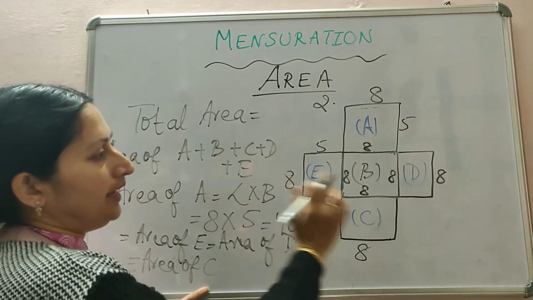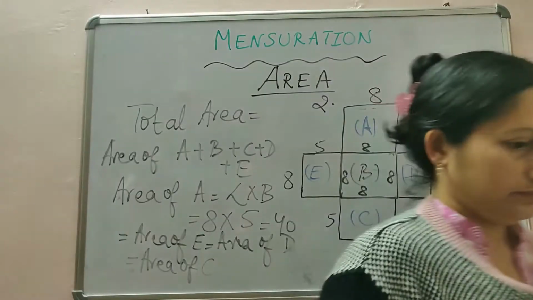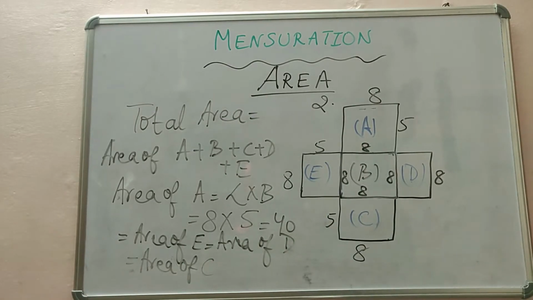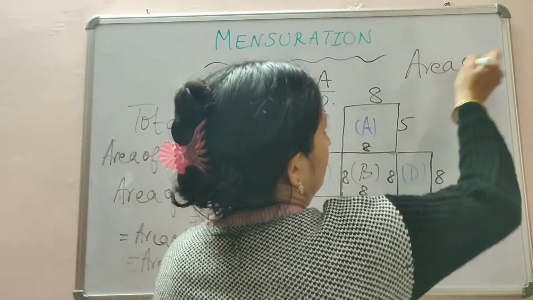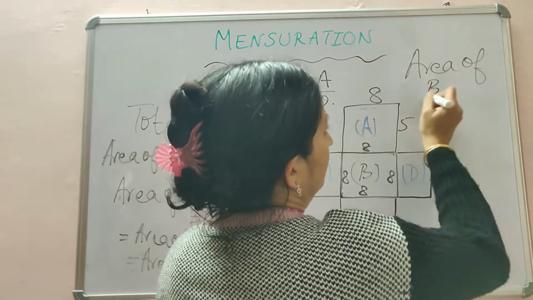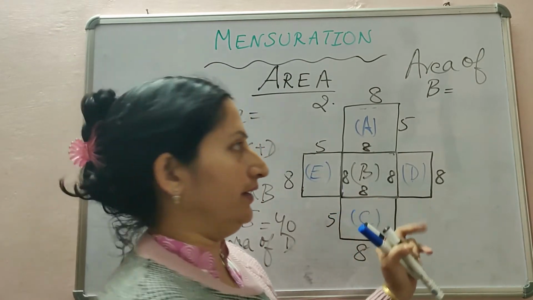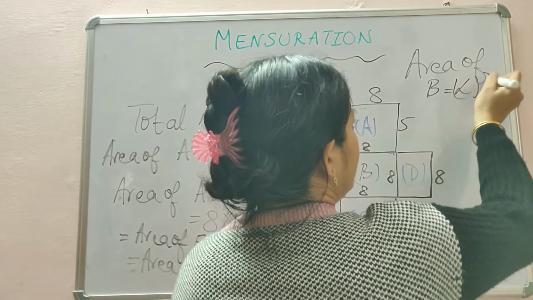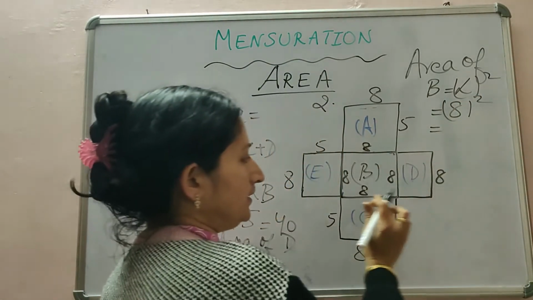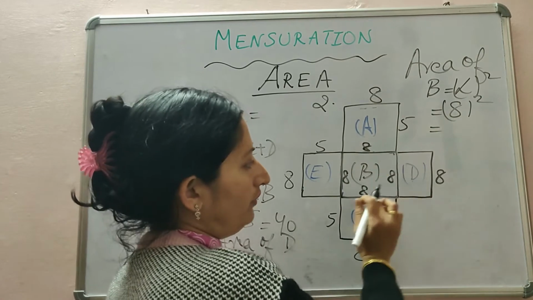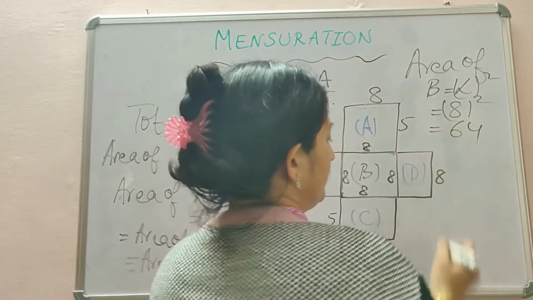And now let's find out the area of figure B. Area of B is the square, as you can see. So length square is enough for that. L square. So it is 8 square because 8 is the length or width. So it will become 64.